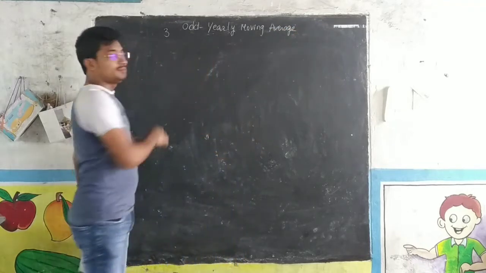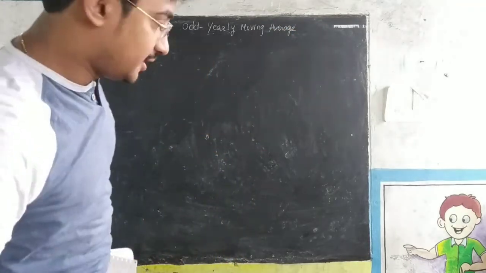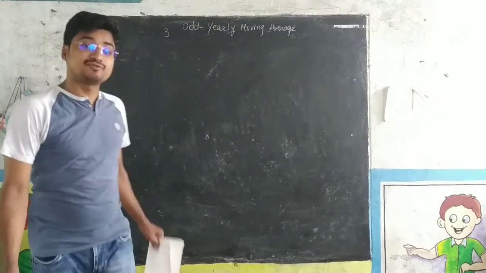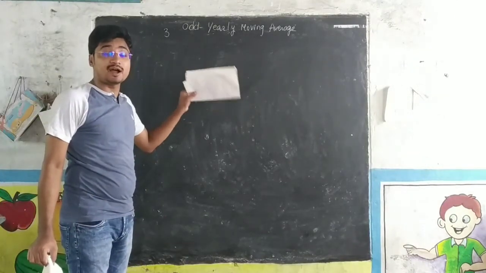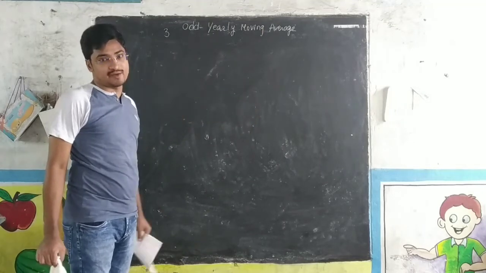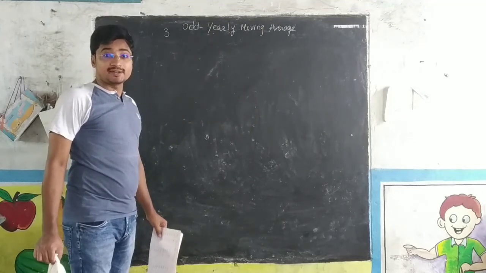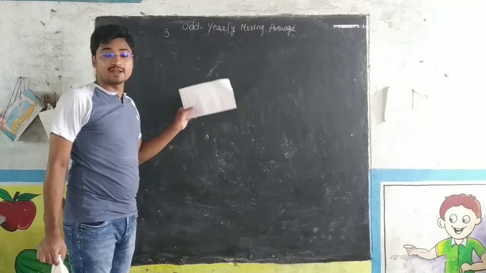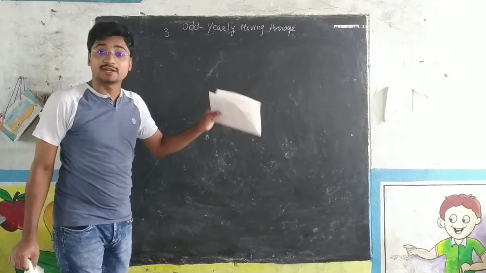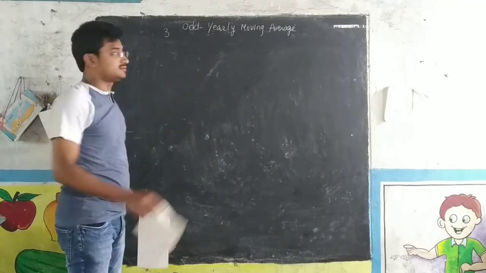Odd numbers start from 3, 5, 7, 9, 11 and so on in moving average.